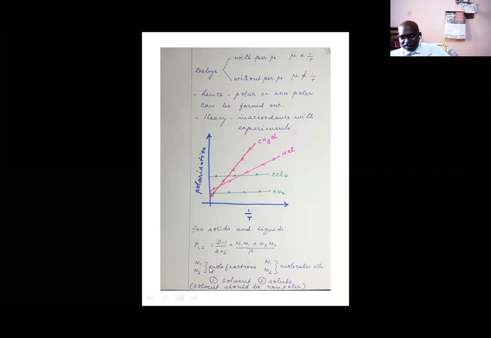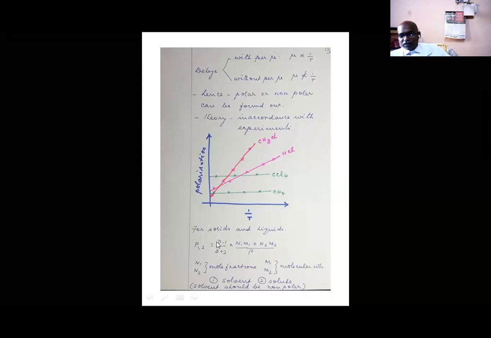What is mole fraction? It is the number of moles of a substance divided by the total number of moles. So for example, the mole fraction of the solvent is equal to the number of moles of the solvent divided by the number of moles of the solvent plus the number of moles of the solute. So this is how it is calculated.